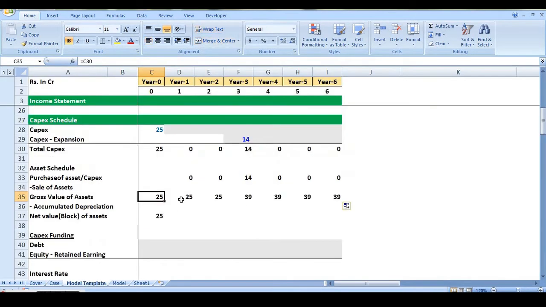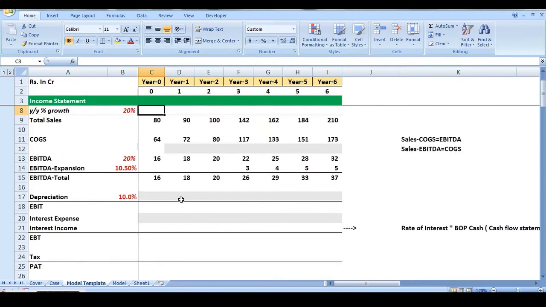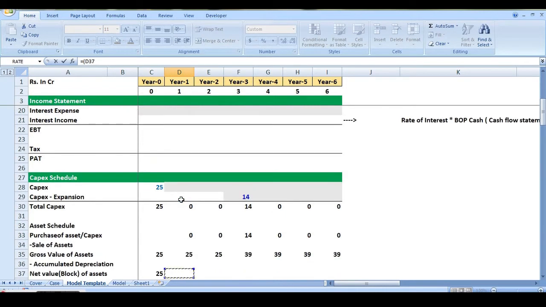And depreciation we calculate in the income statement from year 1. So we will calculate depreciation as the average of previous year gross value plus current year value, divided by 2, which will give us the gross value of asset.